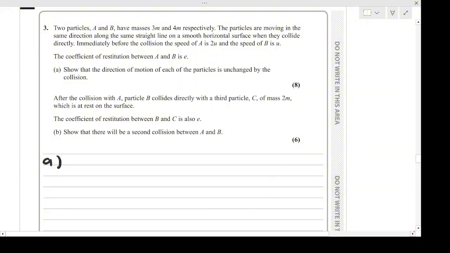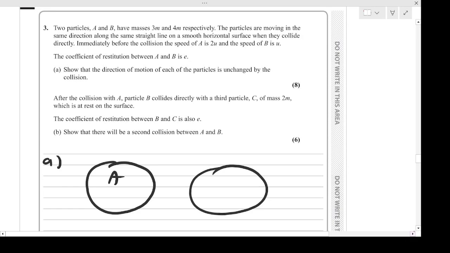So we draw a little diagram for our speeds before and after. We have A and B. A has mass 3m and B has mass 4m. Initially, we are told they're moving in the same direction, so they're both going to move forwards like this, presumably. And A has speed 2u and B has speed u.